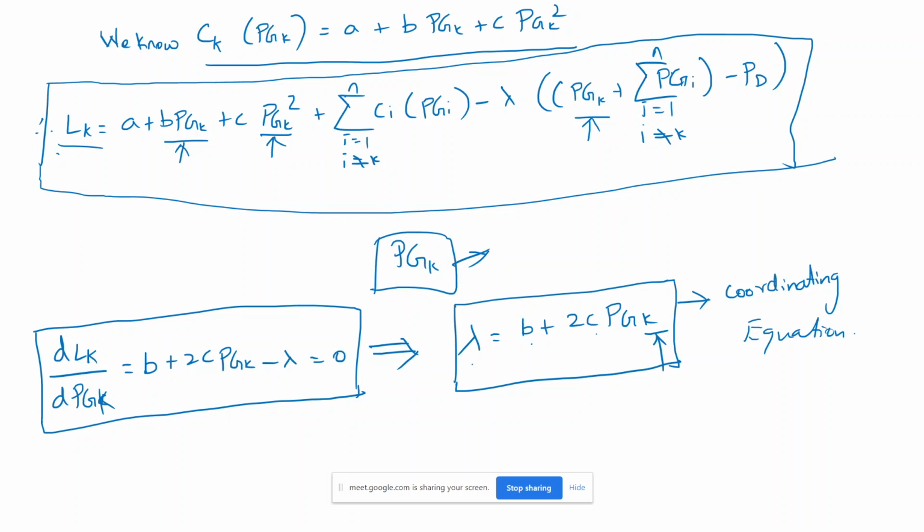Up to this any doubt, please tell me how we derived this equation. Any doubt, you can ask me now, please. Please tell yes or no. Vinod Chaudhary, are you there?